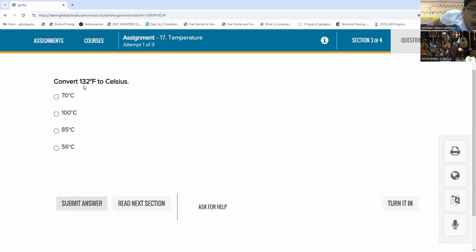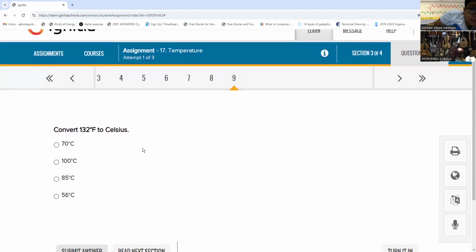Then now convert from Fahrenheit to Celsius. What will you do? Subtract 32 and multiply by 0.5556. Tell me what you have.